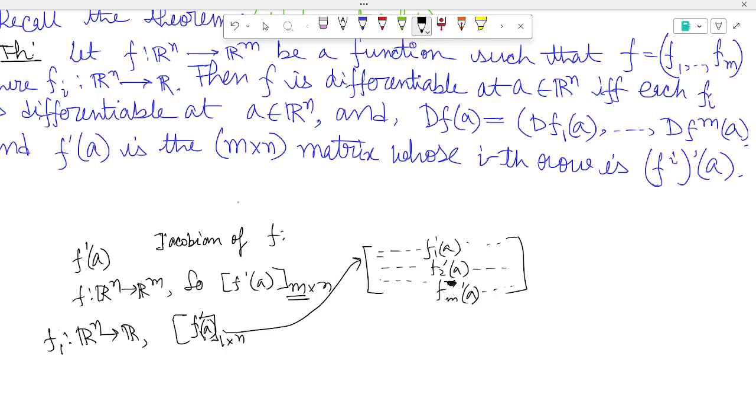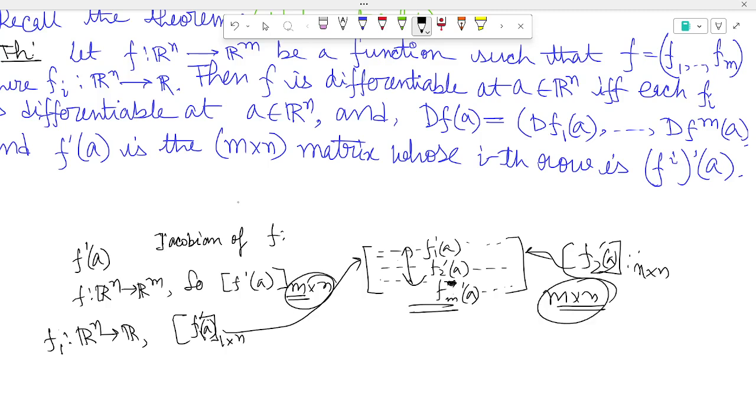That is the first row. Similarly for f2 dash a, that is the second row, another 1 cross n matrix. So m such rows are arranged here, and that gives an m cross n matrix matching the order. You are arranging the Jacobian of each linear transformation from top to bottom, one above the other.